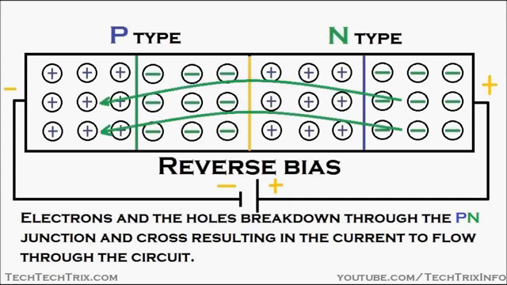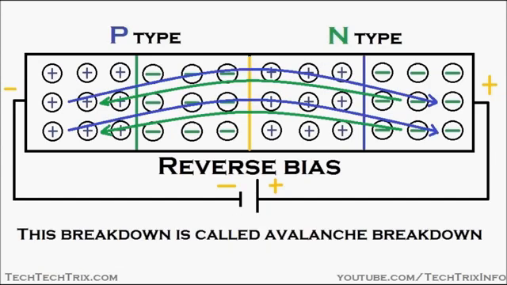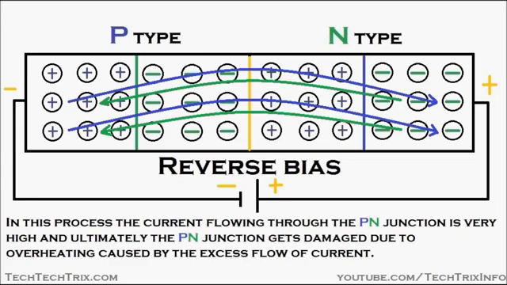You can see the electrons which are negatively charged break through this junction and move towards the P region, and the holes which are positively charged break through this junction and move towards the N region, resulting in the flow of a current. This breakdown is called avalanche breakdown.